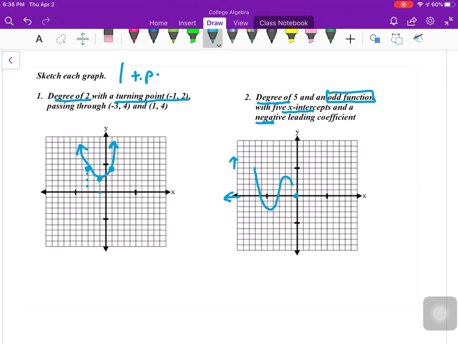So, all right, this one looks like it is at about 4, 2, 3, 4, 1, 2, 3.